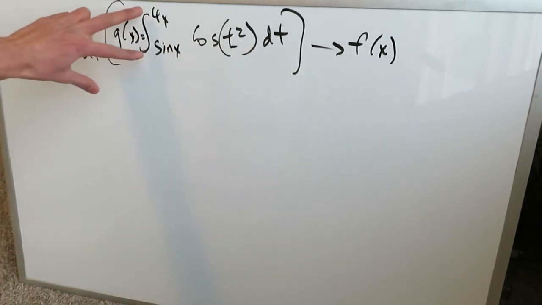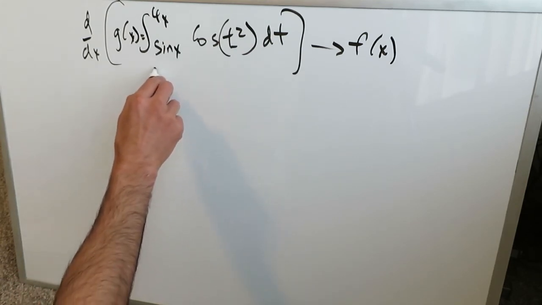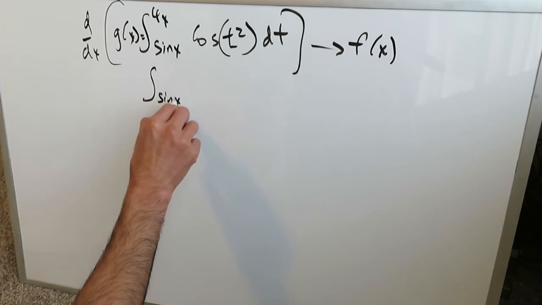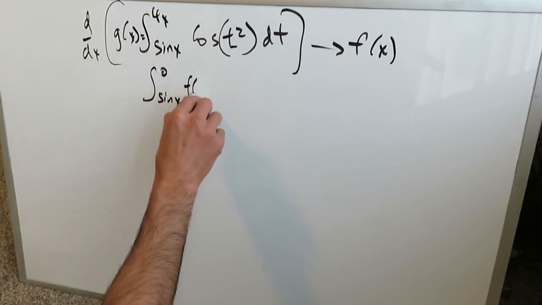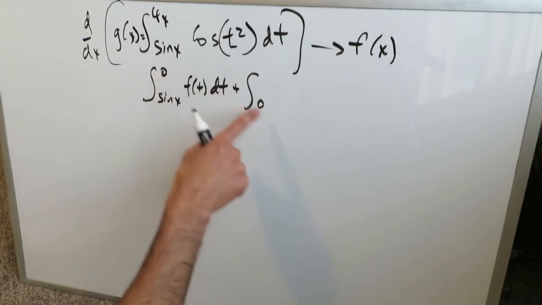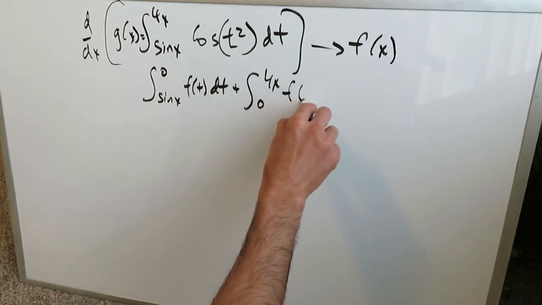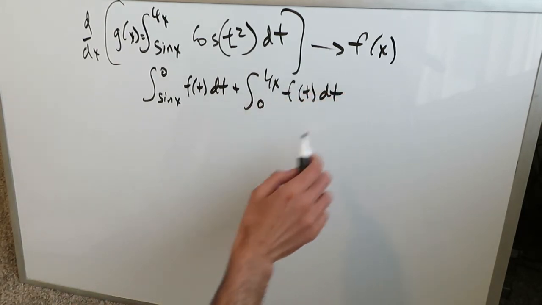You want to start by manipulating this. And let's manipulate it such as how I'm going to show you. Sine x, 0, always use 0. And you can follow what I'm doing over here. Sine x, 0, 0 to 4x. Kind of like how I showed you in the properties of integral video, how I separate these things out. That's exactly what I'm talking about. dt.